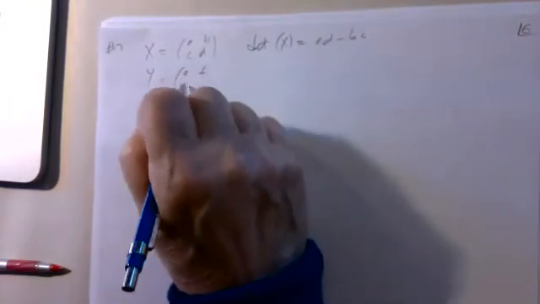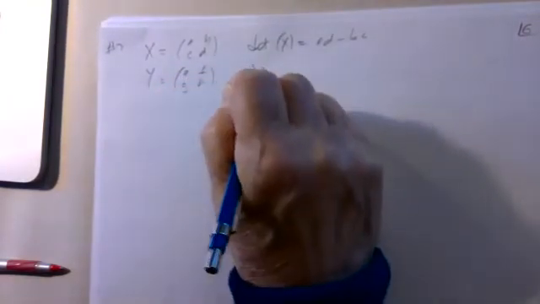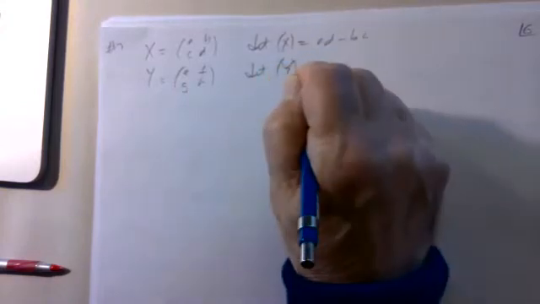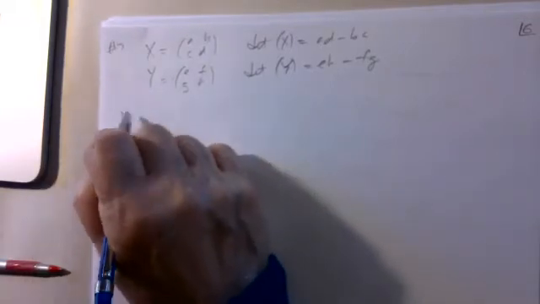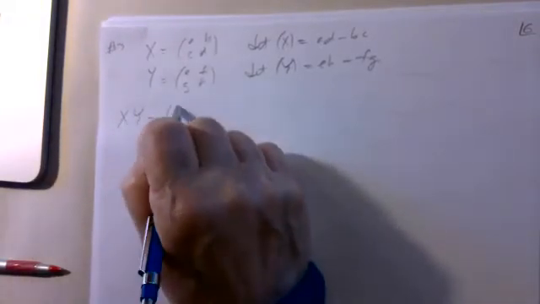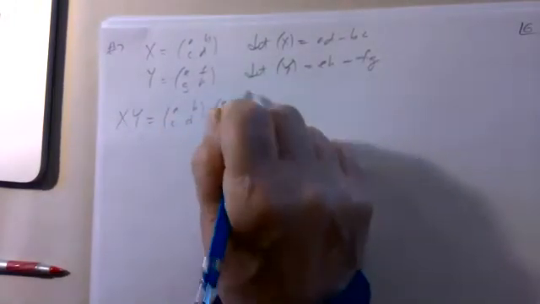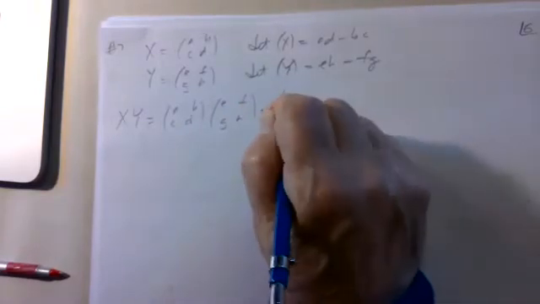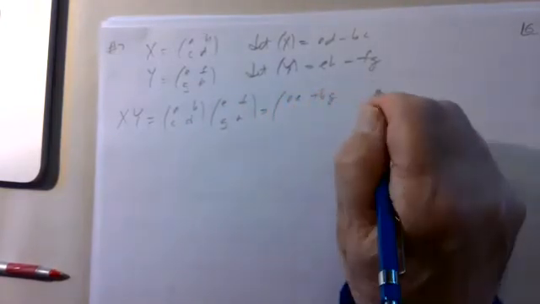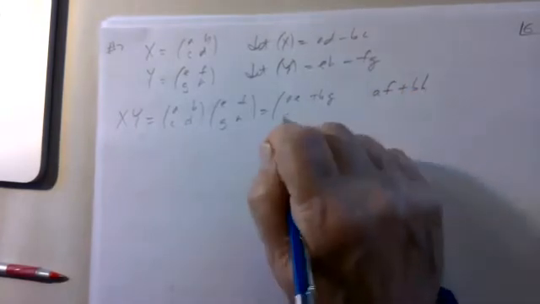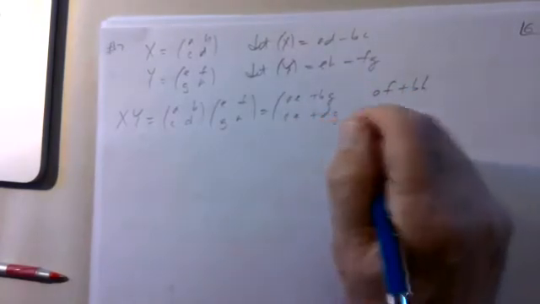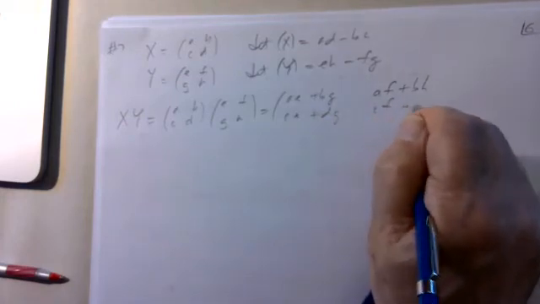And if Y is [E, F; G, H], the determinant of Y is EH minus FG. The matrix X times Y, you multiply, you get AE plus BG, AF plus BH, CE plus DG, CF plus DH.